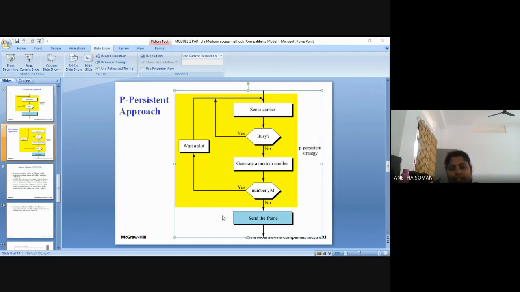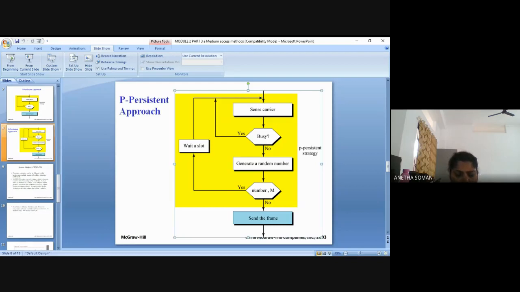So whenever the station finds the link is idle, it may or may not send. If it is sending the frame, it will send with a probability P and refrains from sending with a probability 1 minus P.